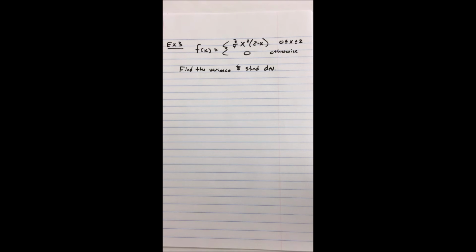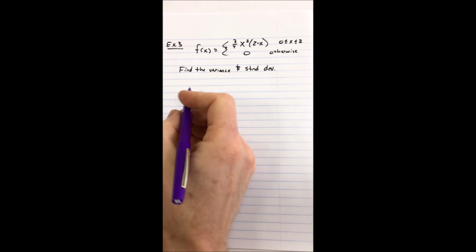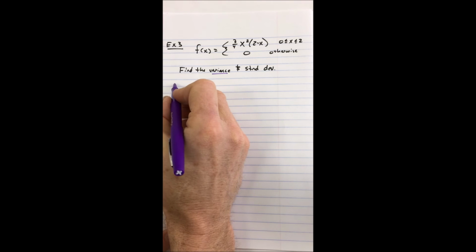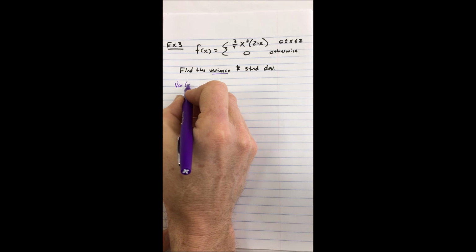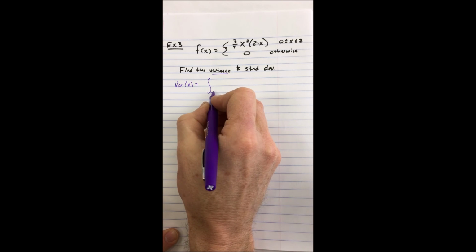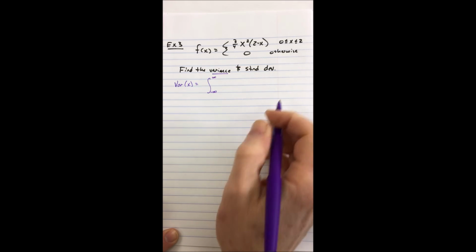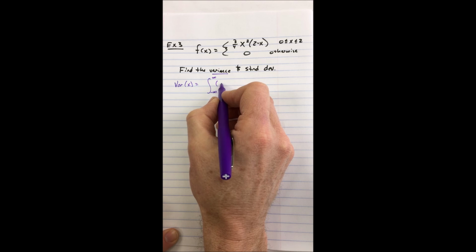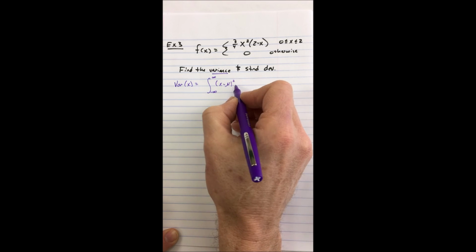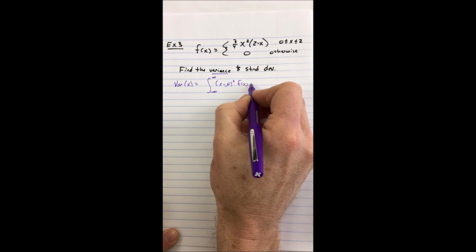Now the variance, you might recall from the first video, is a formula that's in the IB formula packet. It was written two different ways. The integral from negative infinity to positive infinity of the quantity x minus mu, quantity squared, times f of x dx.